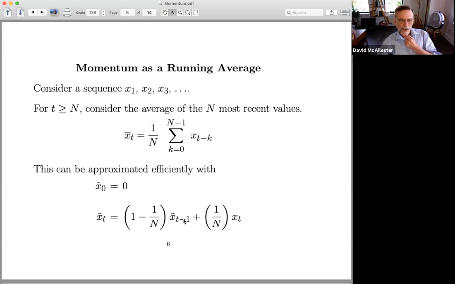And you can argue that this is essentially similar to taking the rolling average of the last n. What's happening is the contribution of any one value is decaying exponentially. It keeps getting multiplied by 1 minus 1 over n over time. And that's an exponential decay. And if you look capital N steps back, it has decayed by a factor of e.